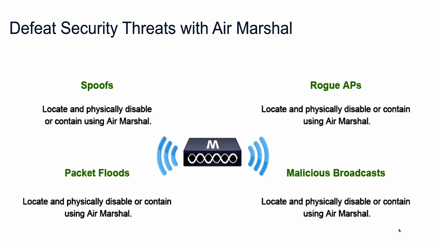So what about the spoofs and the evil twins? First, these are impersonation attacks. So there is a risk of credential theft, man in the middle. We use Air Marshal to identify and classify those spoofed SSIDs. We could attempt containment, meaning that we're deauthing clients from that rogue AP. But then the critical step is we need to figure out where that device is.